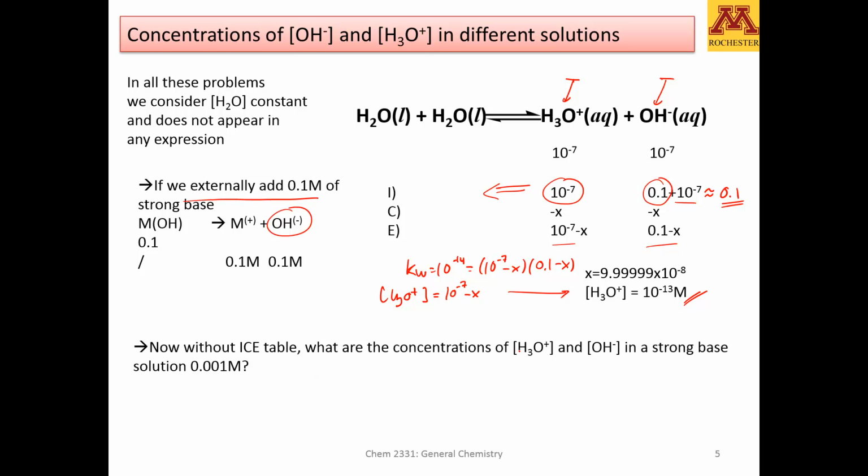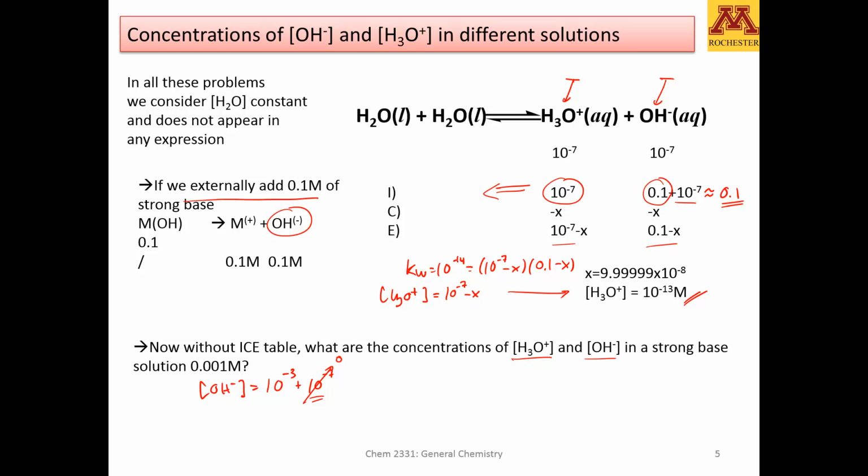So again, what are the concentrations of hydroxide and hydronium if we add a strong base that is 10 to the negative 3 molar? So your base is 10 to the negative 3 molar. You would say, no, but there was a little bit, because of the neutral water there was this, but compared to the 10 to the negative 3, this is 4 orders of magnitude larger, so I'm going to assume that it's just that.